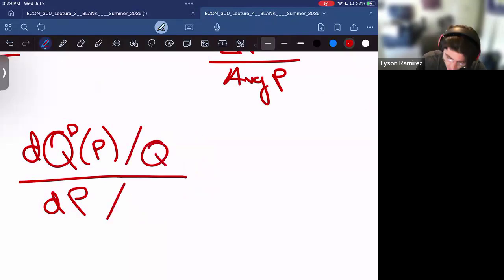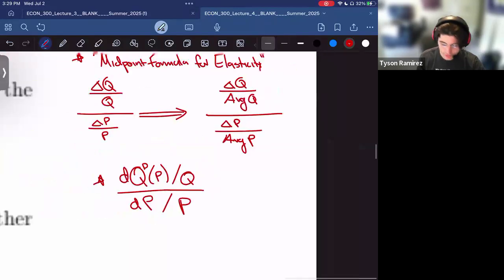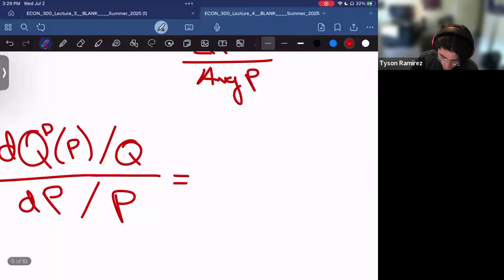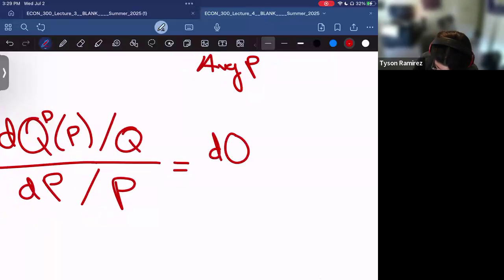This is where the first formula comes from. Because truly rigorously, if we use calculus, then this is what we want to do. We get the instantaneous rate of change divided by the instantaneous quantity. Or you'll do this: if you just remember, we're dividing by fractions, so you multiply by the reciprocal.